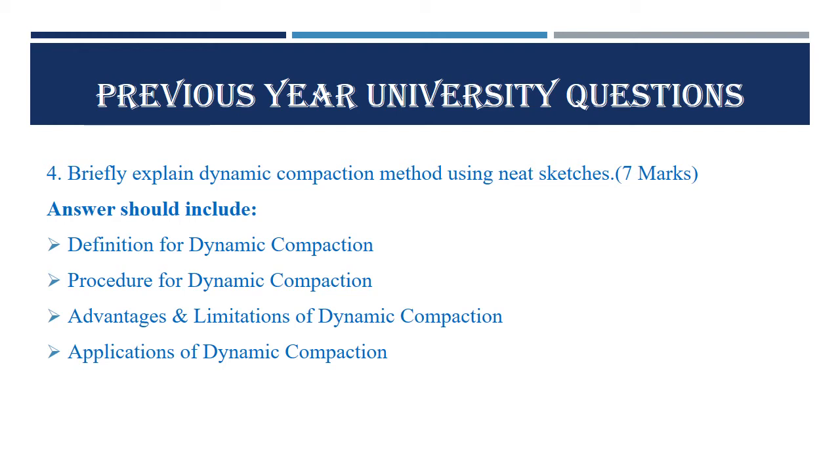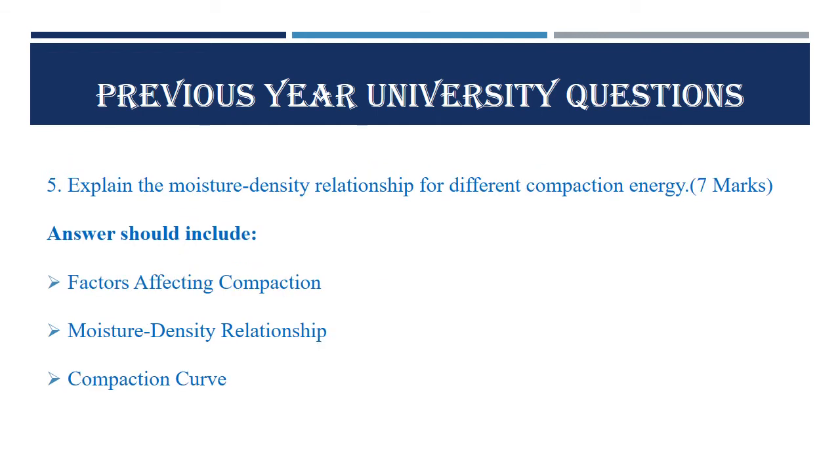Step-by-step procedure for dynamic compaction, 5 advantages and limitations of dynamic compaction, 5 applications for dynamic compaction. Next, the fifth question asked was, explain the moisture density relationship for different compaction energy.